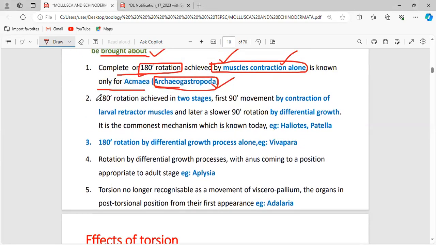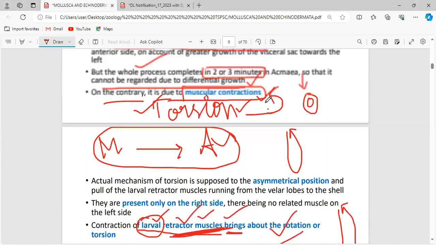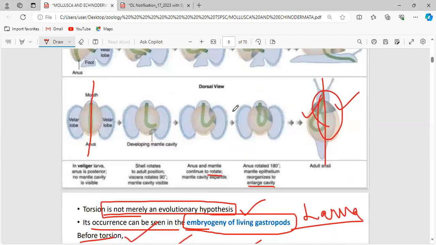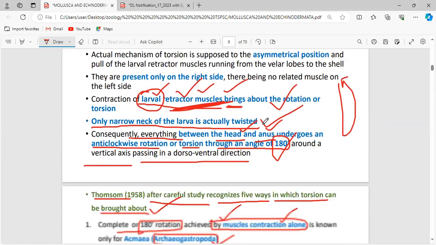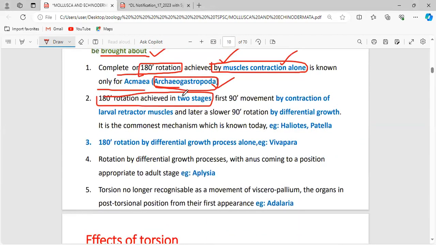And this 180 degrees will be achieved in 2 stages. As I said before, initially it is not happening straight away as 180 degrees. Initially it is twisting around 90 degrees, and later it will twist around to 180 degrees. The same thing is explained here. 180 rotation will be achieved in 2 stages.